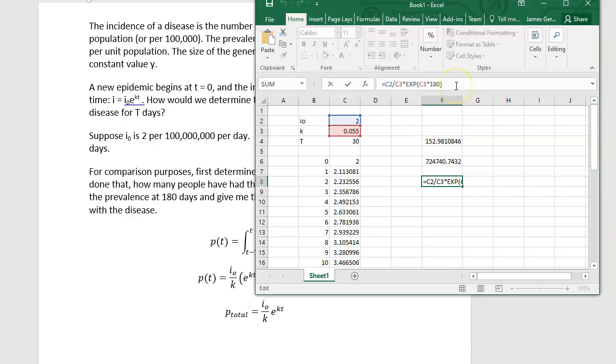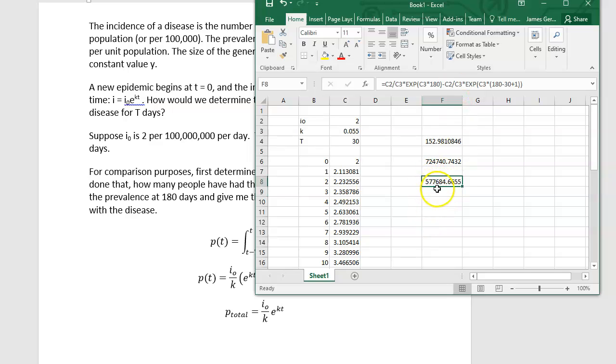We have to subtract out the second term, where the exponent is K times (180 minus 30 plus 1).